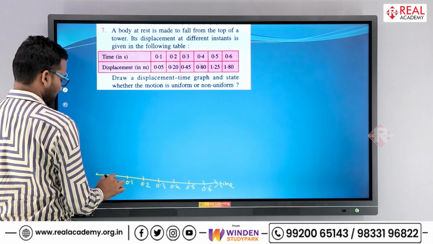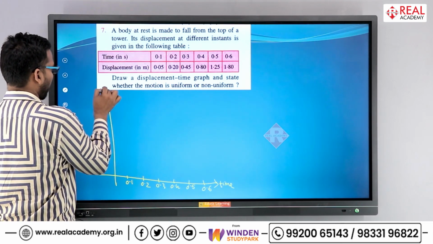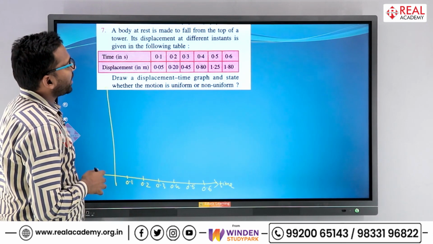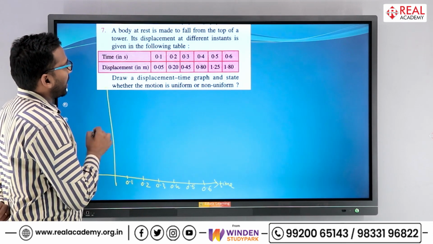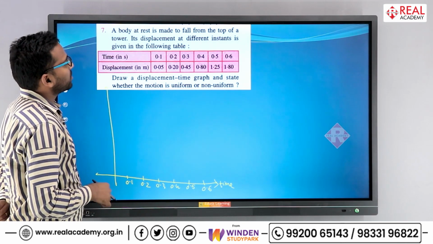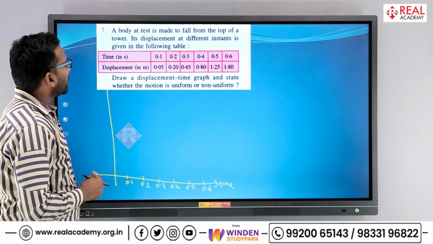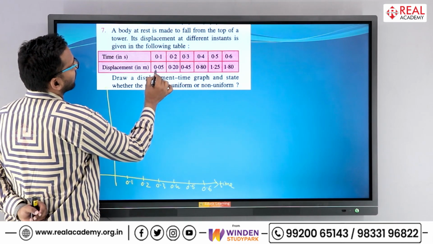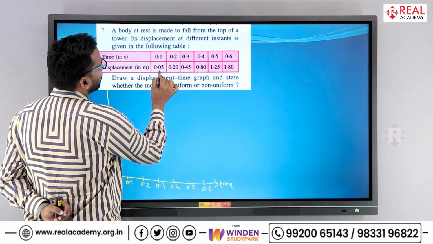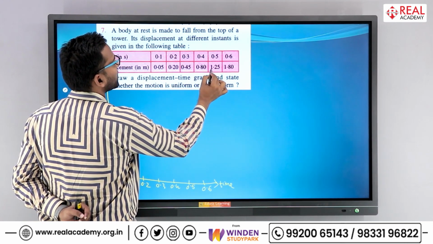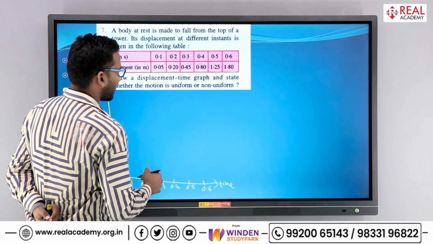For displacement, we need to choose certain constant values so that our scale fits in this graph. The values mentioned here are 0.05, 0.2, 0.45, 0.80, 1.25 and 1.8.